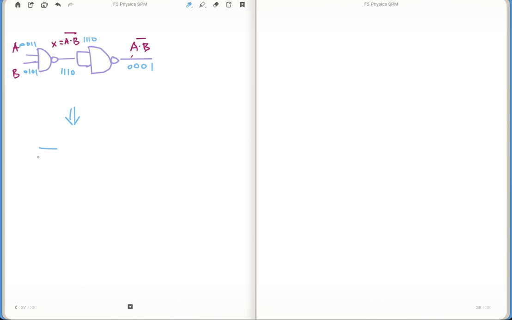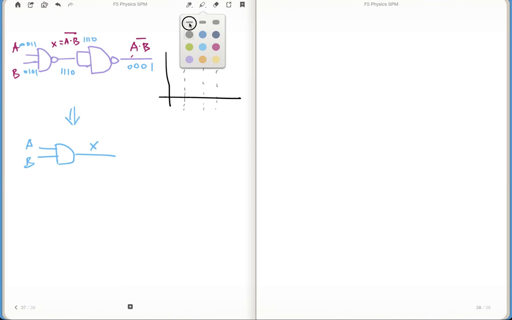So this output is similar to an AND gate. Okay? So this is an example of how you want to solve problems that relate to the AND gate.